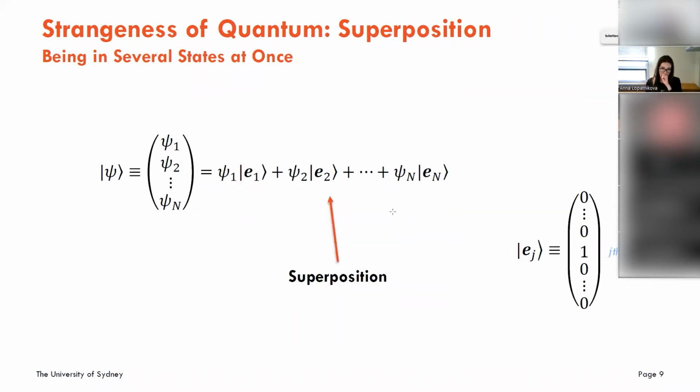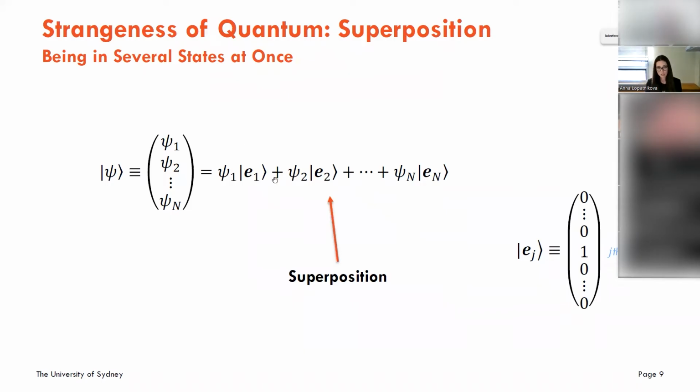So the first one is superposition. It's the idea of a quantum system being able to be in several states at once. You may have heard about Schrodinger's cat that's at once dead and alive and stuff like that. But you don't have to get this spooky, right? Within linear algebra, superposition is a very intuitive concept of just taking this vector in this complex vector space and decomposing it as a sum of basis vectors of that space.